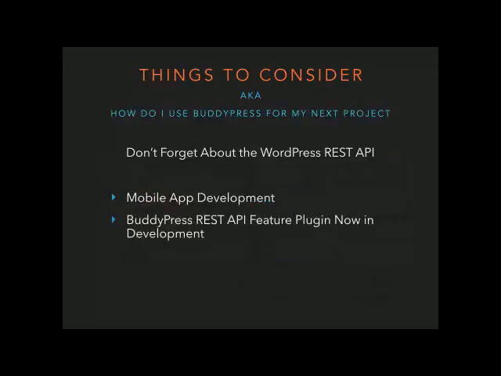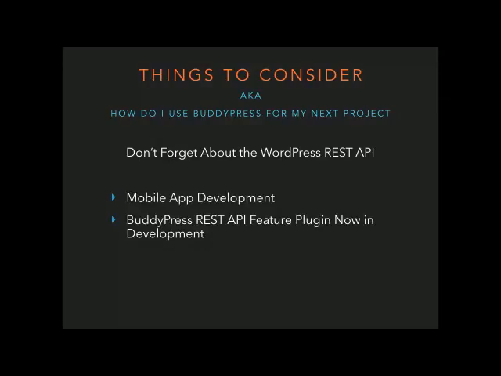And also, we don't want to forget about the WordPress API, which has been talked about today. I believe Roy gave a talk earlier about the REST API. With BuddyPress, if you are a developer or know someone who is, you might want to pay attention to this, because the WordPress API allows WordPress to communicate with mobile applications.